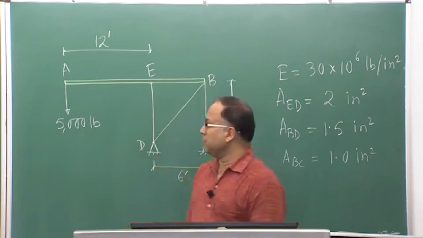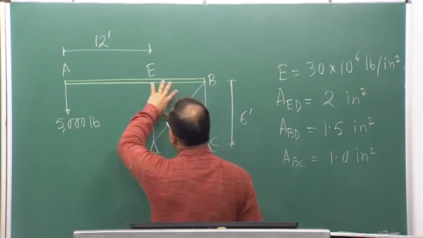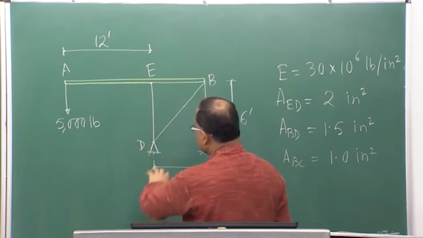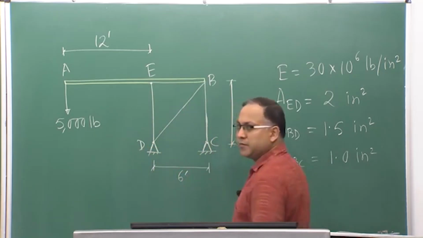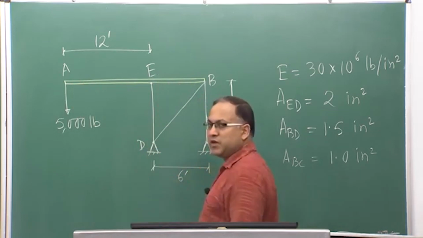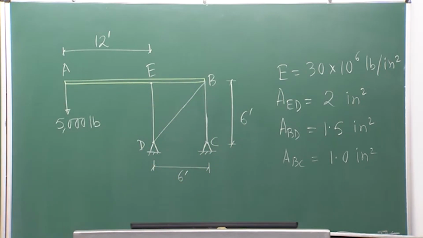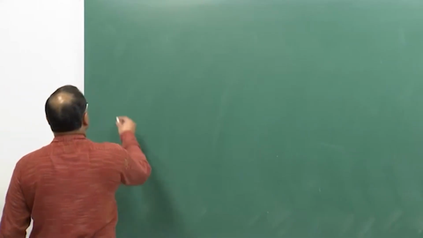Now, what will happen if you apply the load here? It will try to rotate with respect to these points, because AB will not be deforming at all. If you try to draw the deformed shape, how will it look like? So, let us draw that first.